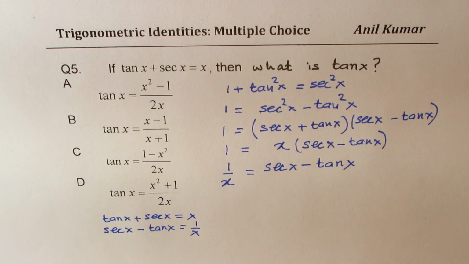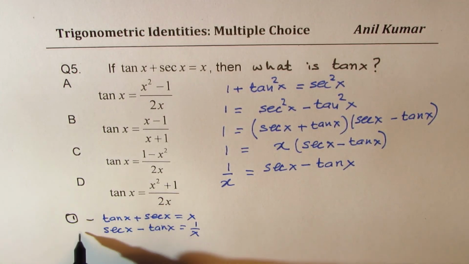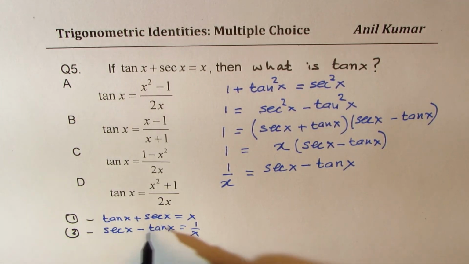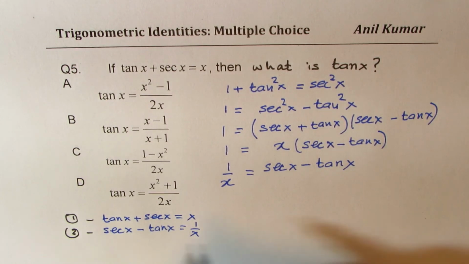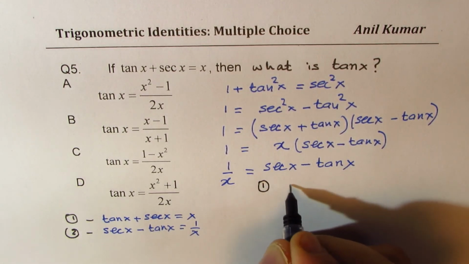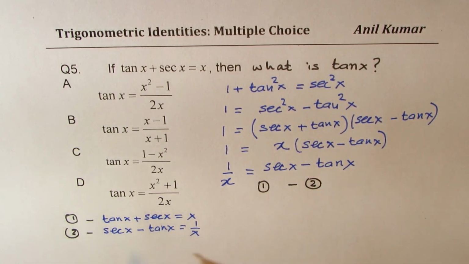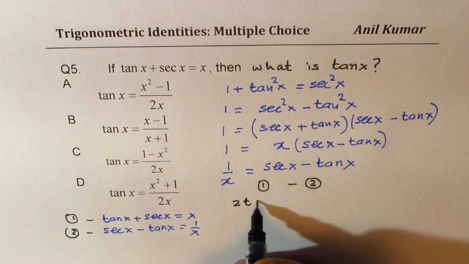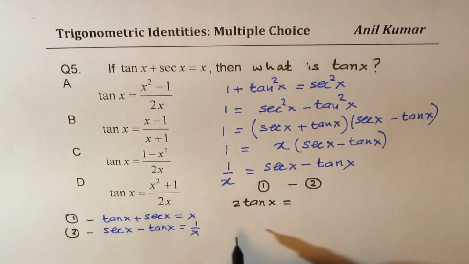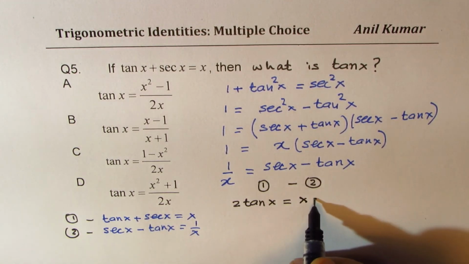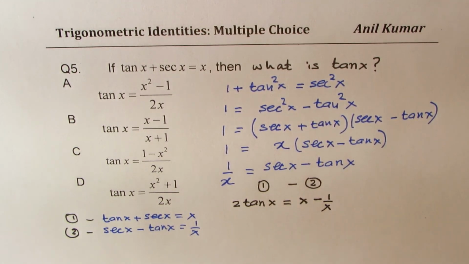Now these two equations can help us to find the value of tan x. Correct? So if I do equation 1 minus equation 2, I get 2 tan x equal to x minus 1 over x. Correct?